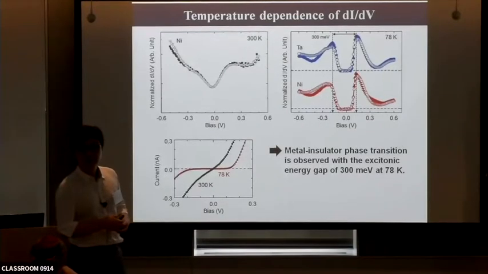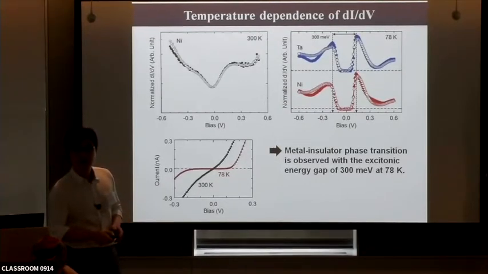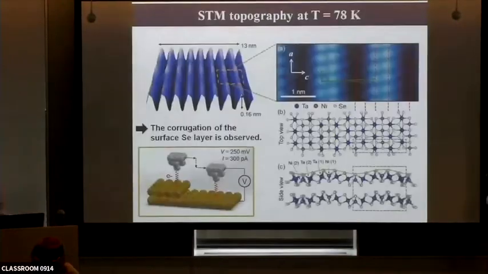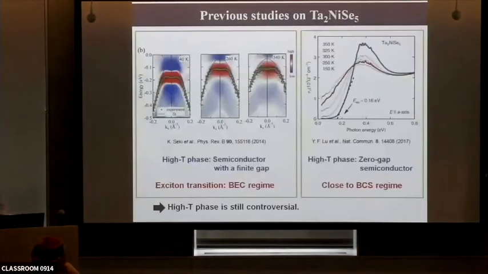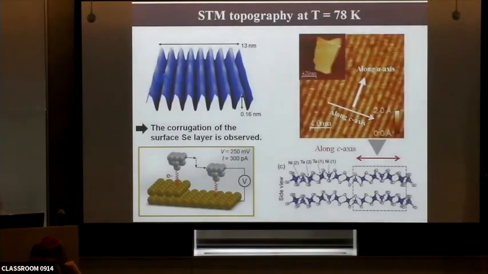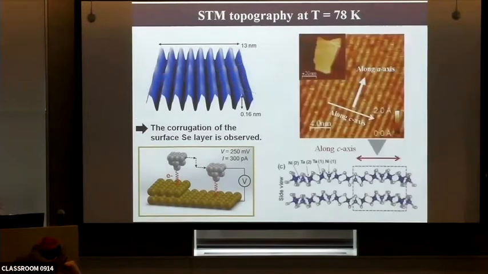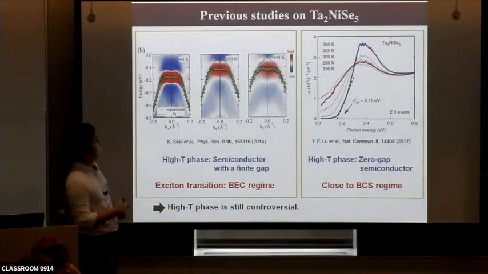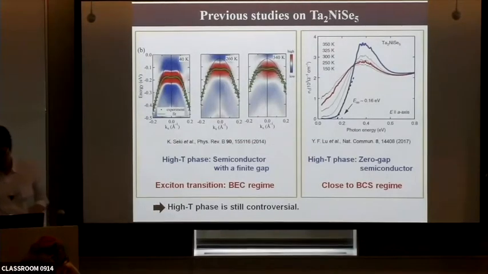The standard understanding is that at 300 Kelvin, the resistivity measurement indicates that the system is insulating. But the optical measurement shows a nearly zero gap picture, and you have a very big zero-bias value. Go to the STS data.